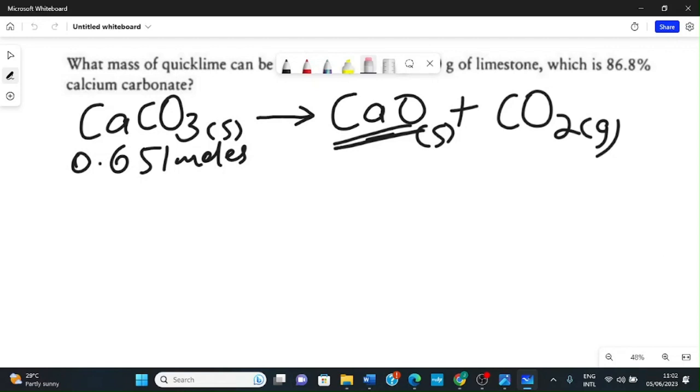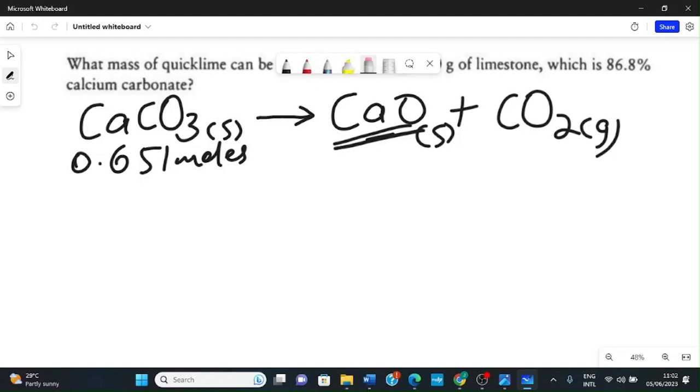Okay, so we'll go back to the equation. And from the equation, 1 mole of calcium carbonate reacts to form 1 mole of calcium oxide. That is, 1 mole of calcium carbonate undergoes decomposition by heating to produce 1 mole of what? Calcium oxide. Therefore, if 0.651 moles of calcium carbonate undergoes thermal decomposition, what moles of calcium oxide is it going to produce?